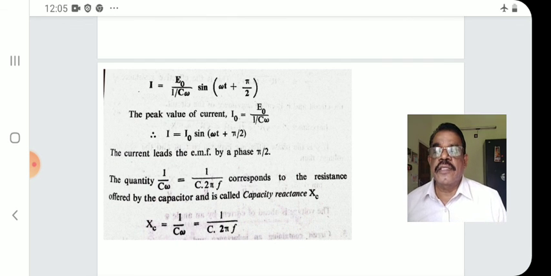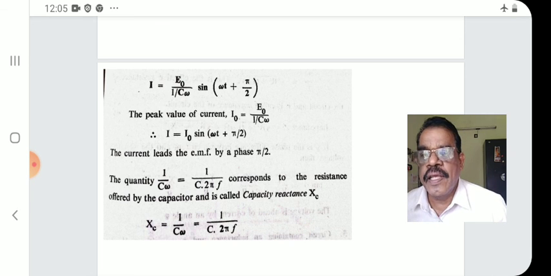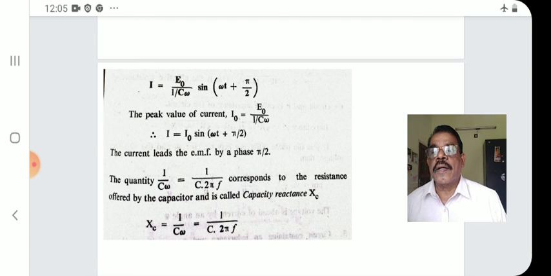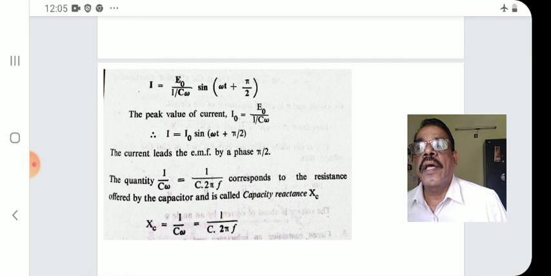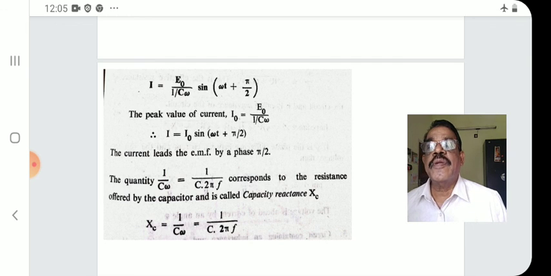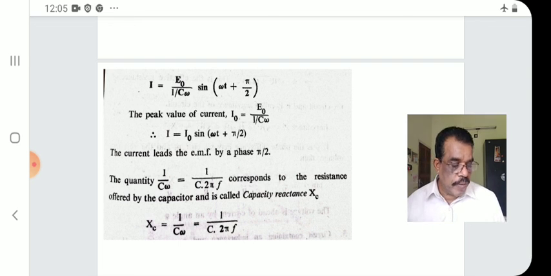So we have studied three relations. I0 is E0 by R, where R is called resistance. I0 is E0 by L omega, where L omega is called inductive reactance. And I is I0 sin omega t plus pi by 2, where I0 is E0 by 1 by C omega, and 1 by C omega is called the reactance of the capacitance.